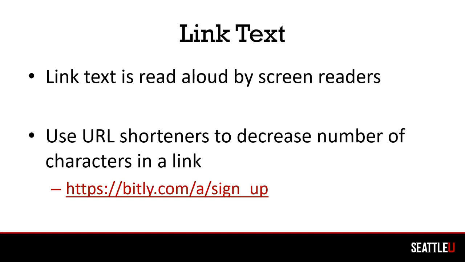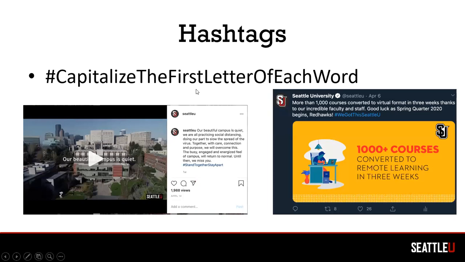All right, in addition to link text, one of the other things we want to tell you about is hashtags. Matt? Yeah, so basically hashtags will generate regardless of whether you capitalize each word or not on the feed. So if you type in stand together, stay apart in all lowercase, it will still pop up if you type it in uppercase.